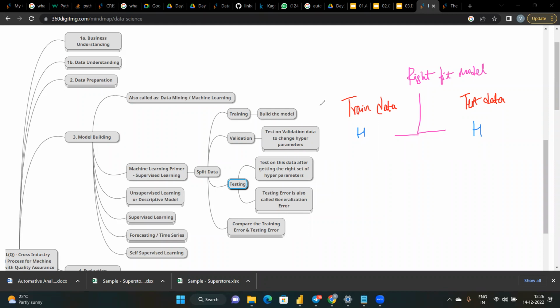So now let me say the train is high because we are going to send 80% here, and the test is low. What is it called?